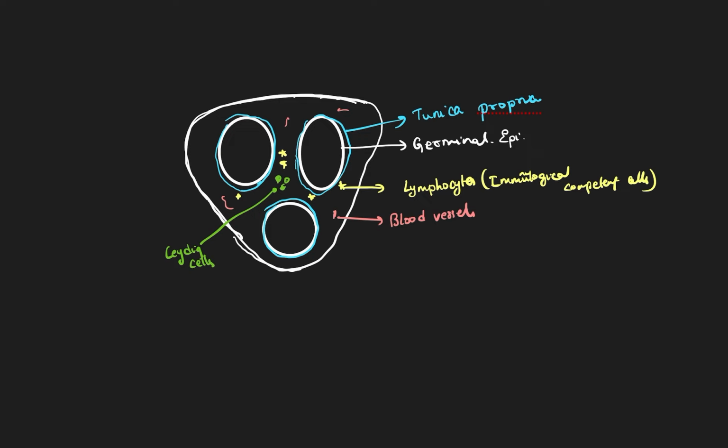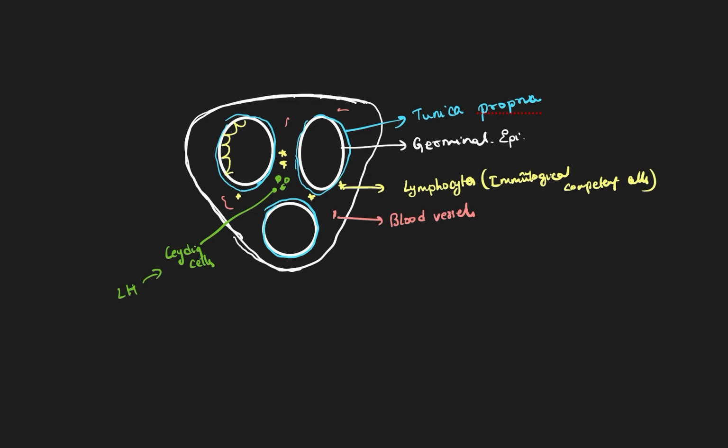Okay. So basically these Leydig cells are the ones where the luteinizing hormone is going to come and attach to. Luteinizing hormone, LH, and sperm production happens in the spermatogonia mother cell. So let's talk about the spermatogonia mother cell. Spermatogonia mother cell is basically present here.